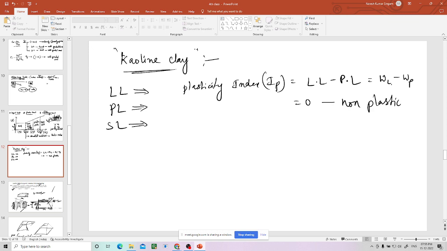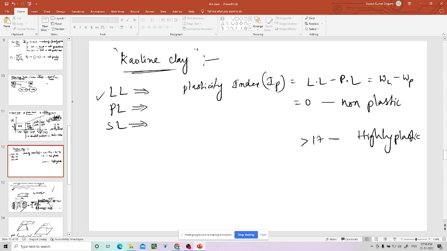If IP is greater than 17, it is highly plastic. Like that, you will define the behavior by using these water contents, right? So this is called plasticity index or plastic index. Anything is fine.